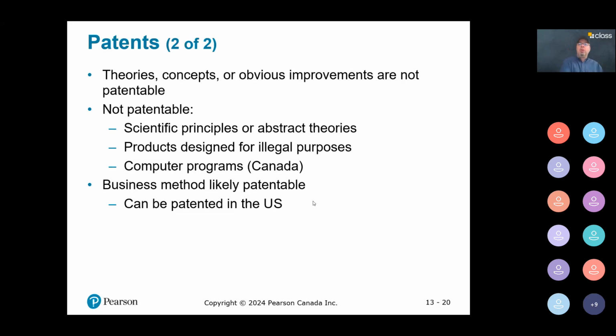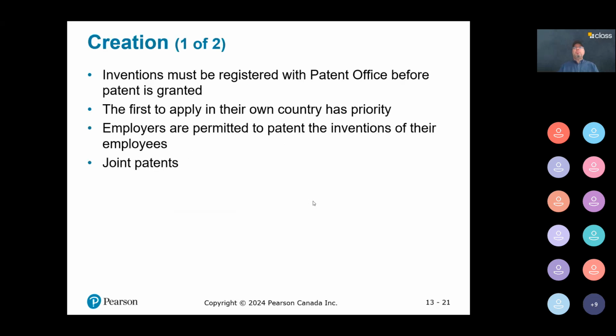Now, Amazon took the Patent Office of Canada to court, and then they were successful. So now, based on case law, business methods are most likely patentable in Canada because of the one-click business method from Amazon. So it became case law in Canada.